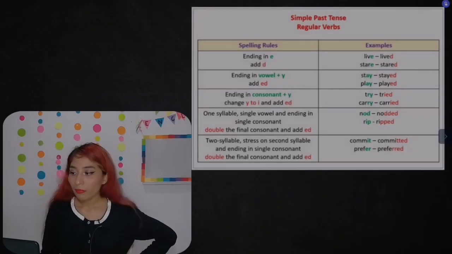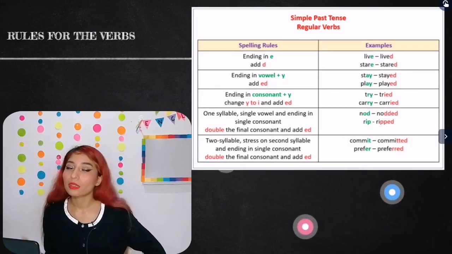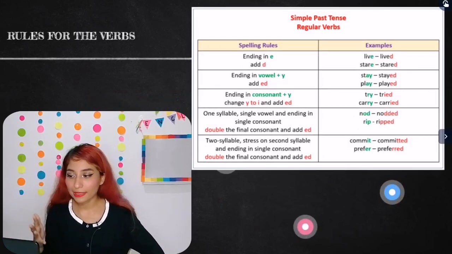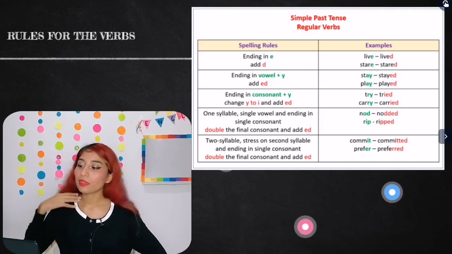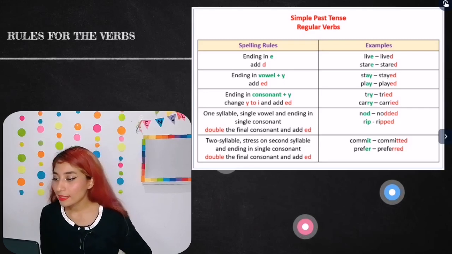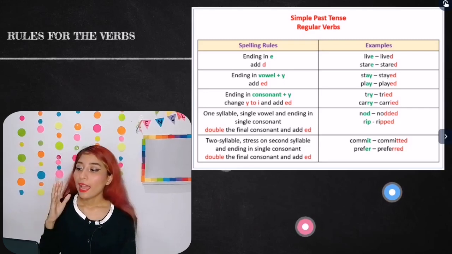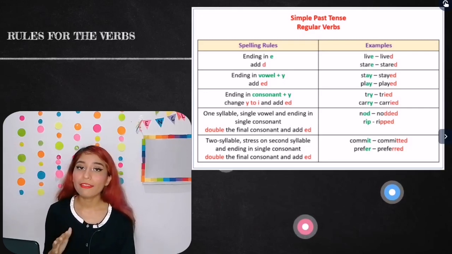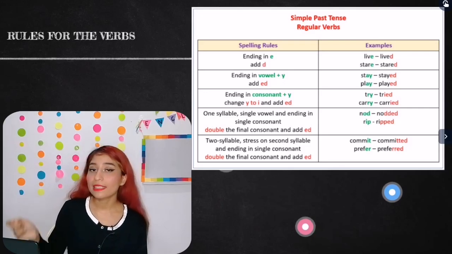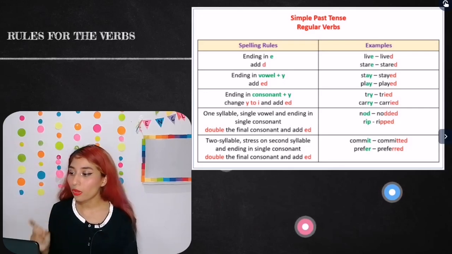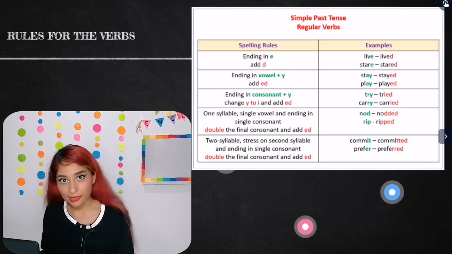So, there are some formulas to make our verbs in past. For example, the spelling rules. The main rule says, when you have a verb that ends in E, you add D, okay? For example, live, lived; stir, stirred.